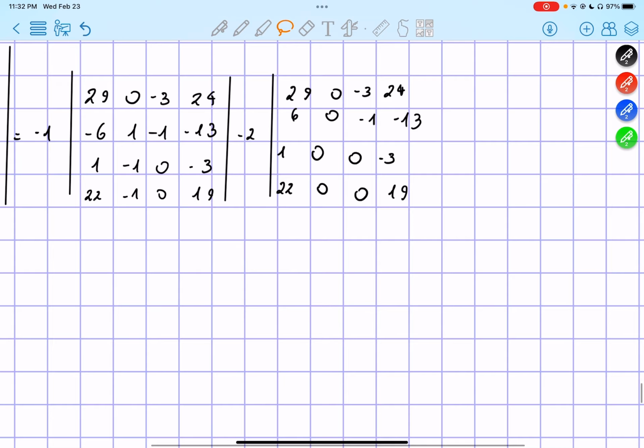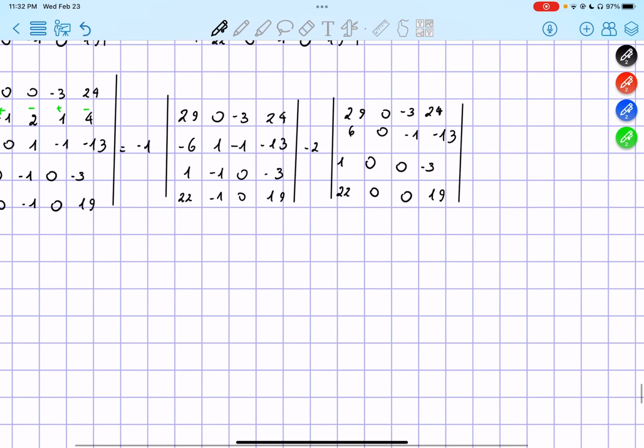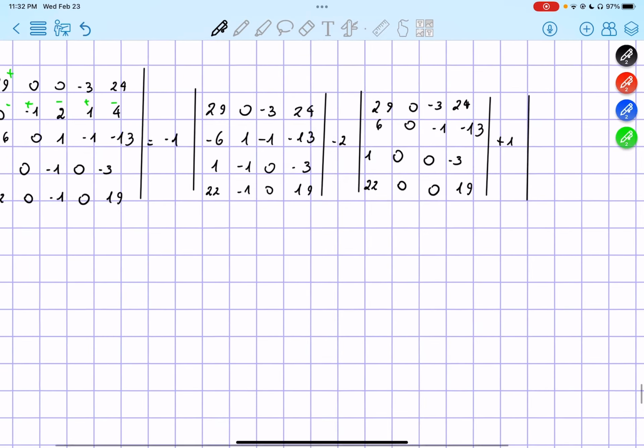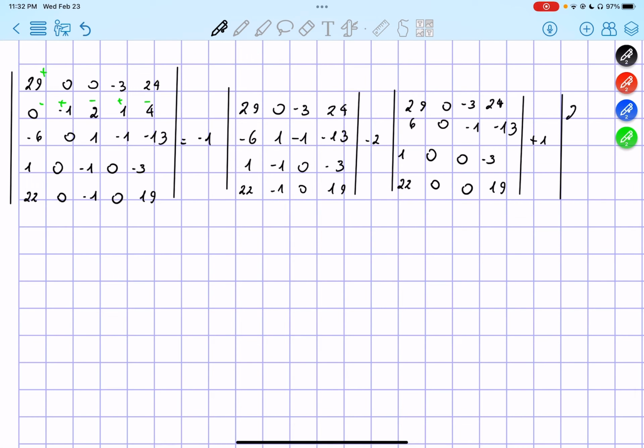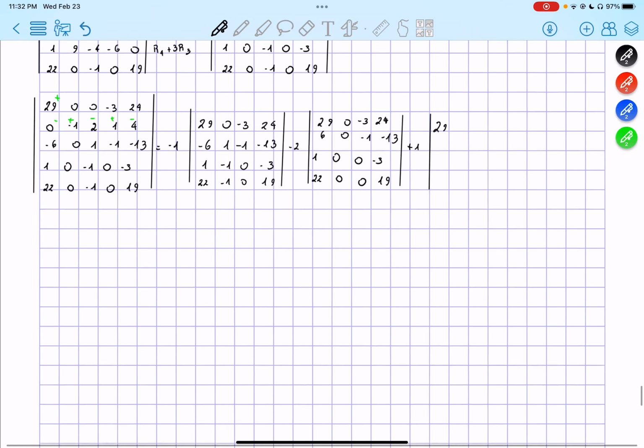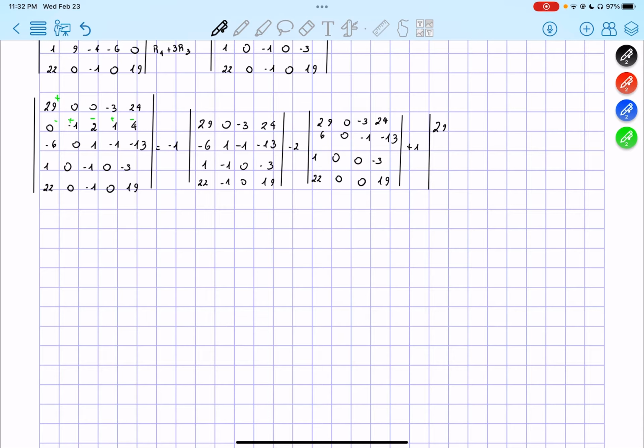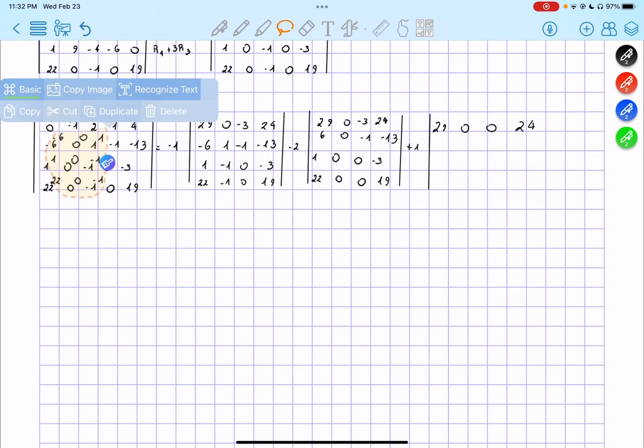Okay. And then I'm gonna get plus 1, then the matrix will be 29, 0, 0, 24. Copy this part over here, which will be the same.